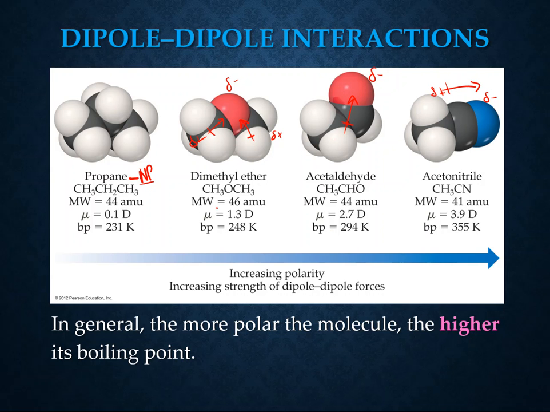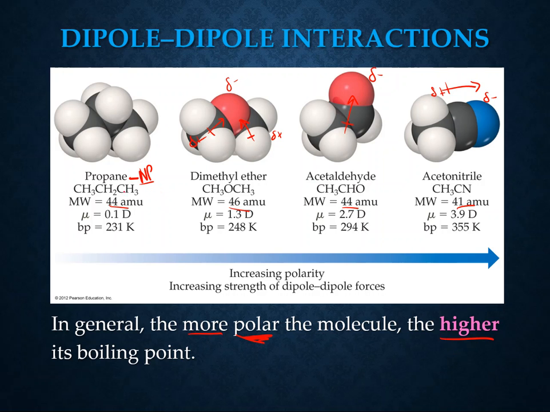So we definitely see these guys have polarity. What they're comparing here, if you're looking at the dipole-dipole ones, is that the molecular weights are similar, so the London dispersion forces aren't really different for these molecules. What's different about them is the polarity. The ones that are more polar are going to have the higher boiling points.